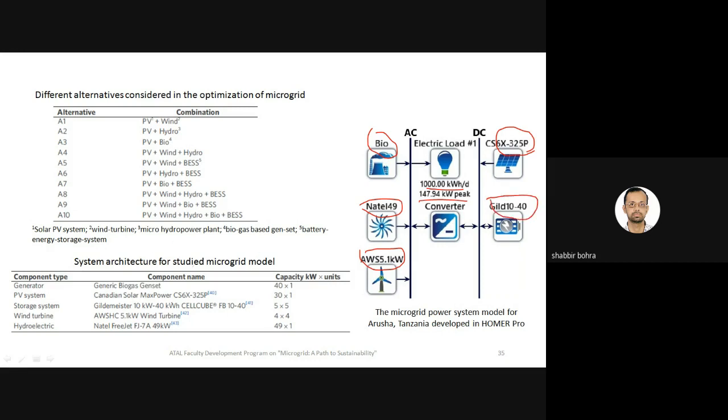The generic biogas generator has a capacity of 40 kilowatt, and there is one unit. Then the PV system comprises 30 kilowatt, of one unit, and each panel is 325 watts. The storage system is 10 kilowatt and 40 kilowatt hour capacity.